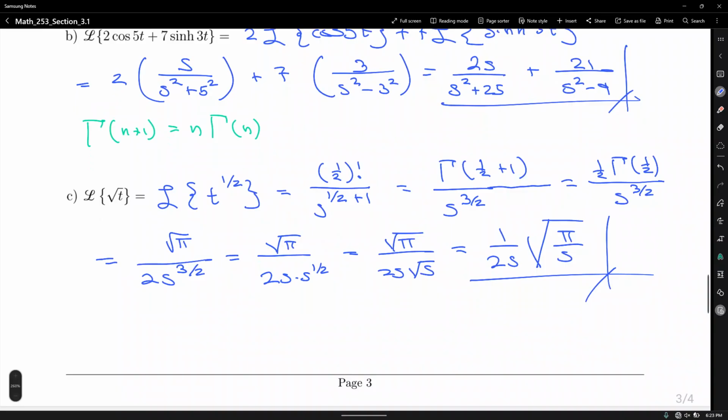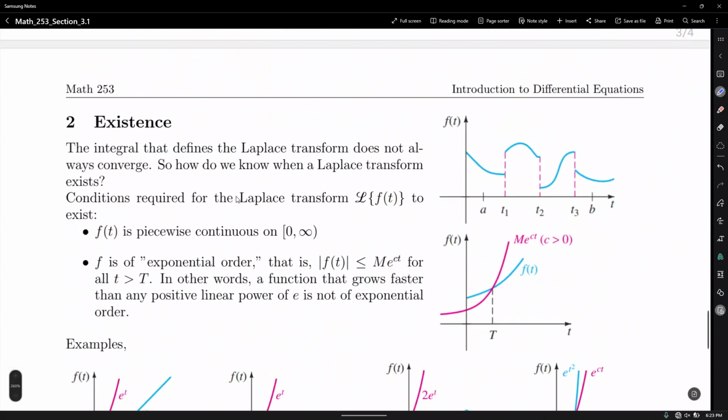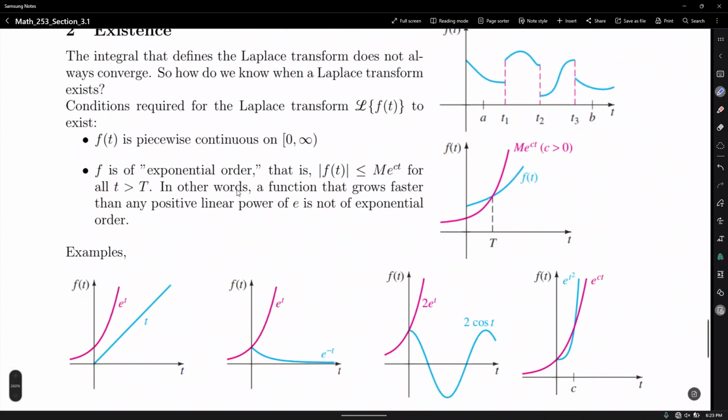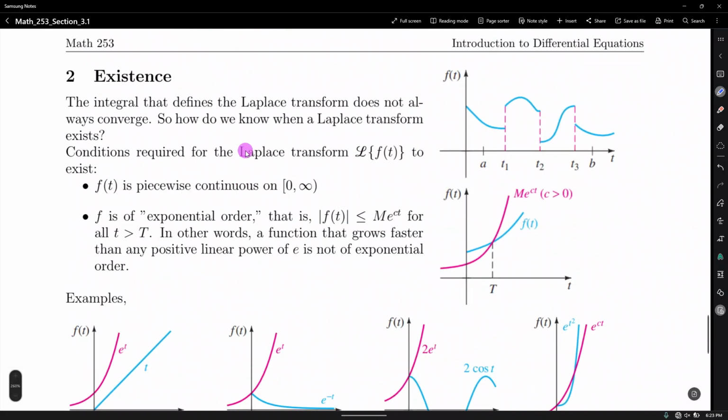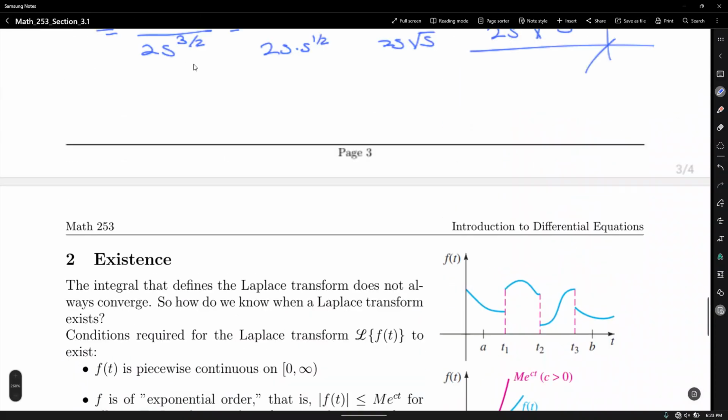Okay, so before we go, the next topic would be the conditions for the existence of the Laplace transform. However, I don't think I'm going to have enough time to cover this right now. Instead, I'm going to show you a different way.